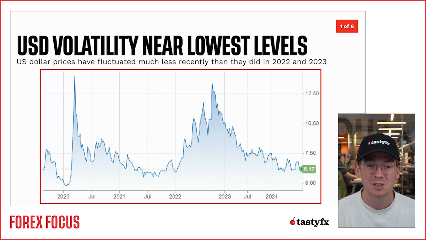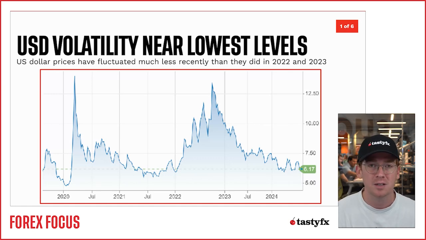So we're really close to some of the lowest volatility levels for US dollar here, looking at the USD vol index, and we've traded up above 10%, up above 12% multiple times in the last couple of years.